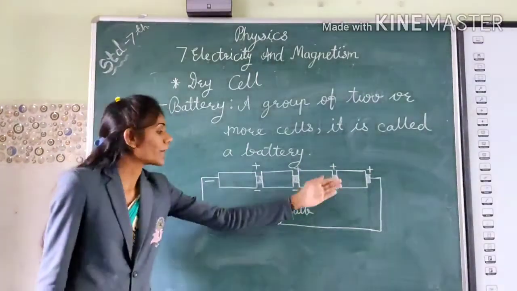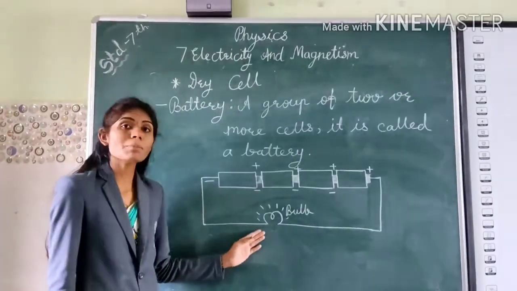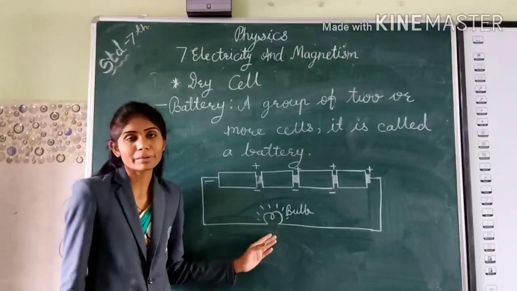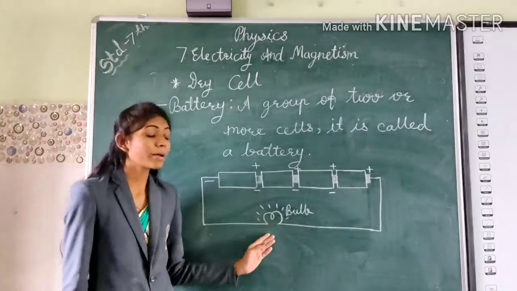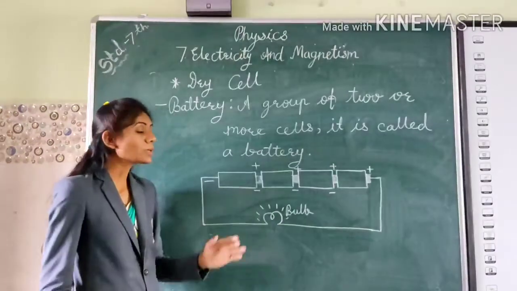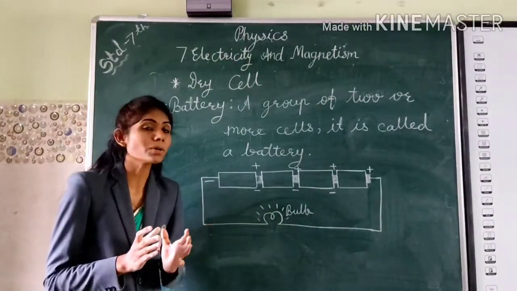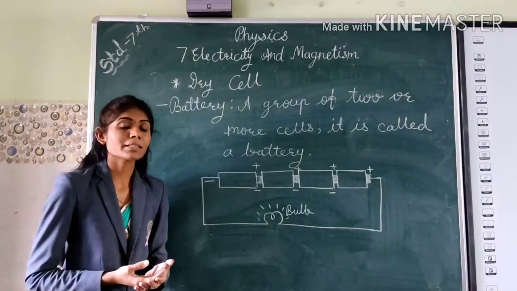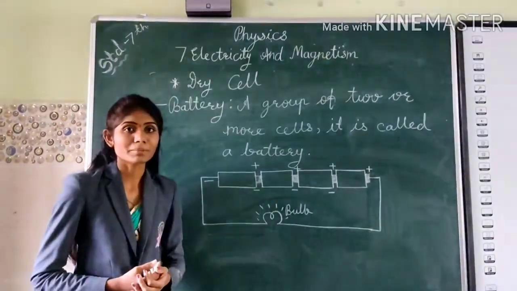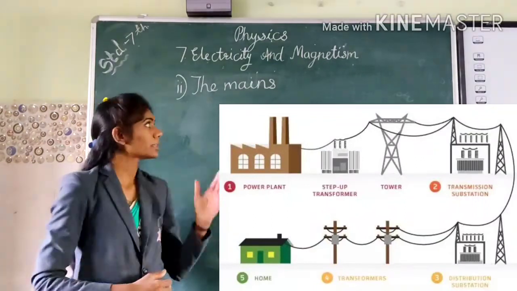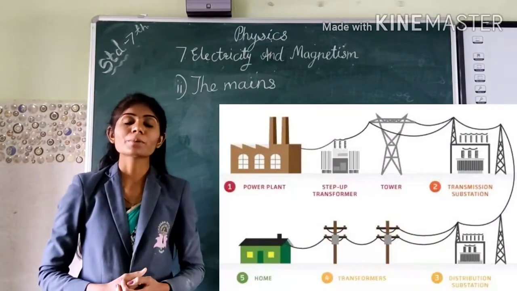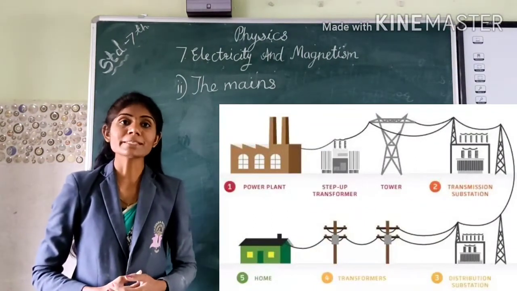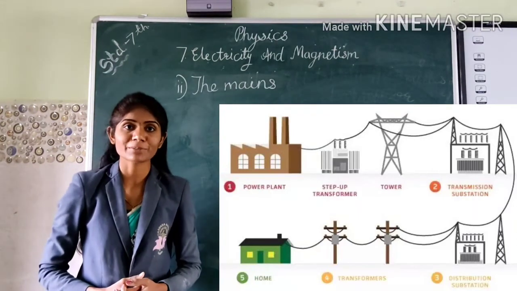After that, we connect it with wires to the bulb, and as a result the bulb will glow. So it shows that we can join two or more cells to make a battery to glow the bulb. That means this is a second source of electricity.